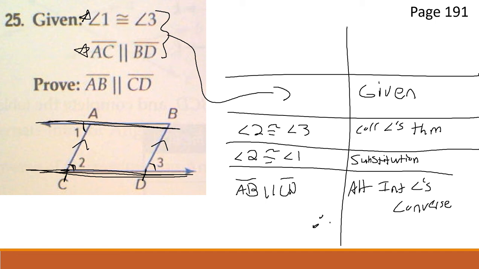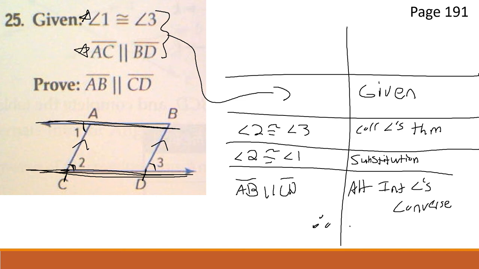Three triangle dots, or 3 dots if you want. So again, the goal with these proofs, it's a little bit strange, I know. I keep saying that, but it's the truth. It takes some time for this to sink in. The goal is to figure out, using my given as clues, how to set up a corresponding, consecutive, or alternate interior angle relation.